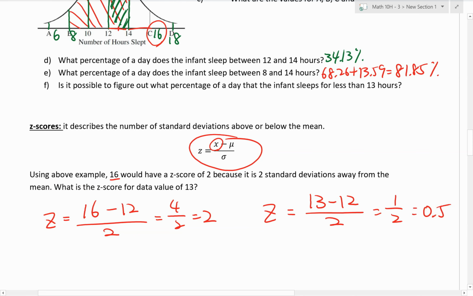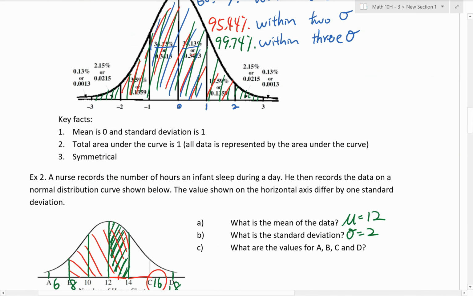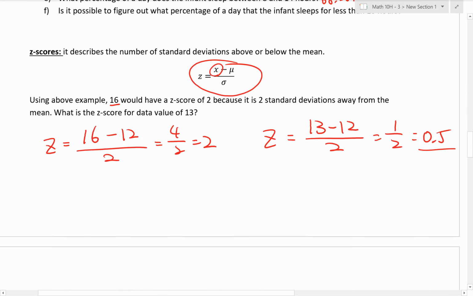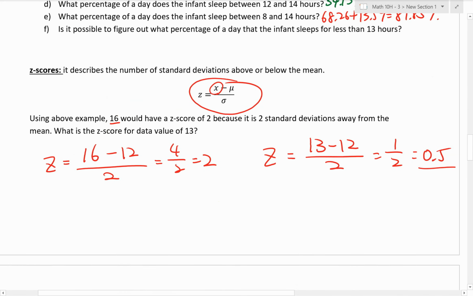So the Z-score for 13 hours will be 0.5. We standardize it, right? You can see the standard normal curve is 0, 1, 2, 3, negative 1, negative 3. So we standardize this data value 13 to 0.5. That's the Z-score.